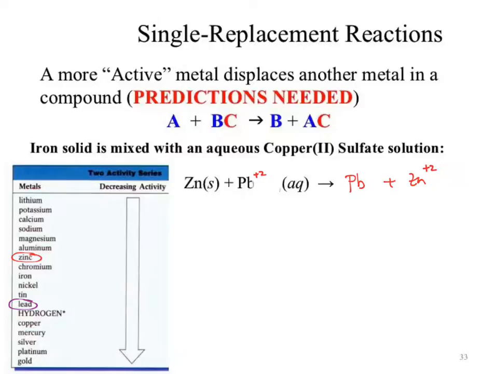Where is zinc charged in the equation above? Only on the product side. On the reactant side, what's its charge? 0. What's the charge on lead in the product side? 0. Interesting feature. What happened to the charge across the reaction, or for each species? It changed.